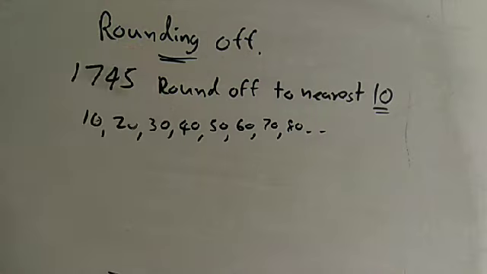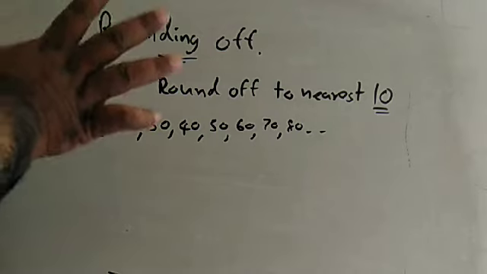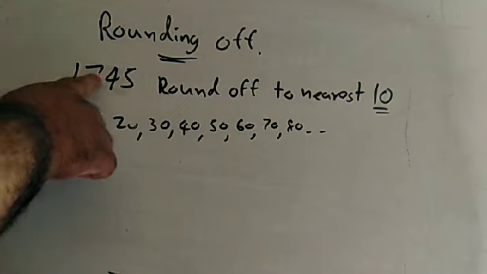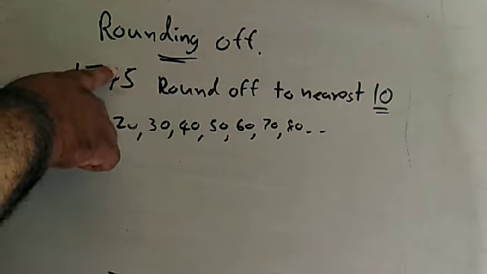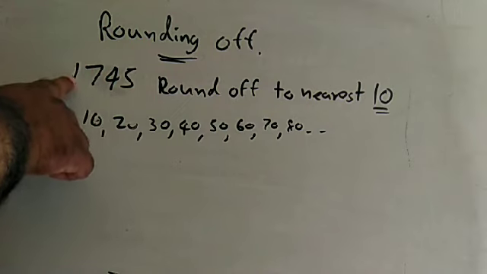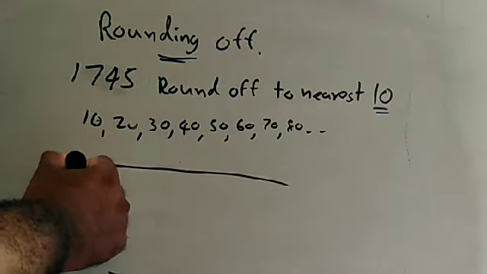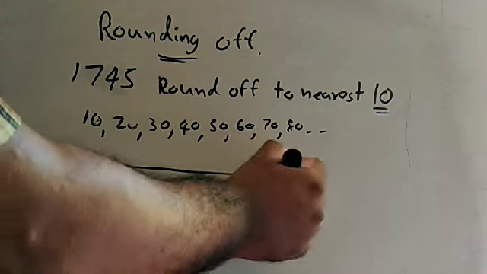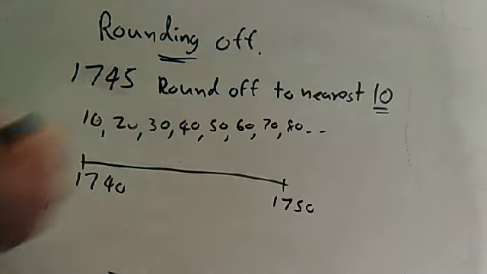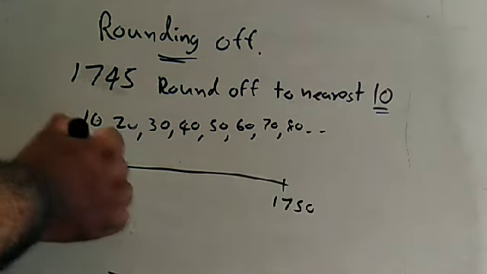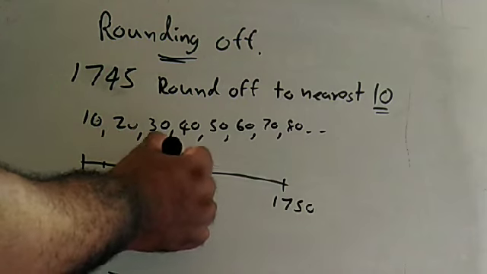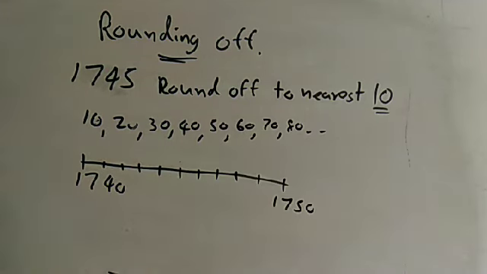1745. Round off to the nearest 10. Then tell me, 1745 is between 1740 and 1750. Now 1, 2, 3, 4, 5, 6, 7, 8, 9.